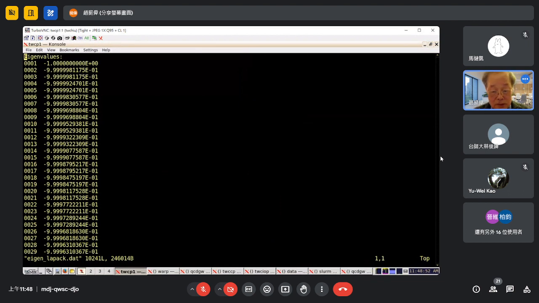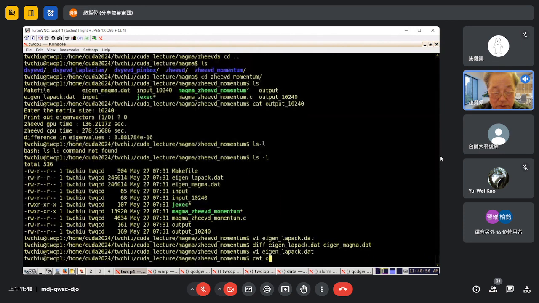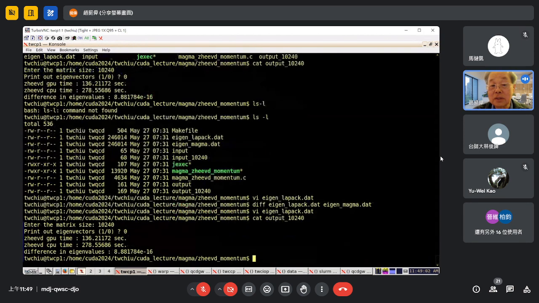You can look at the difference between these two sets of eigenvalues: it's 10 to the minus 16. So for this eigenproblem, it is quite accurate, because this is just the momentum operator.